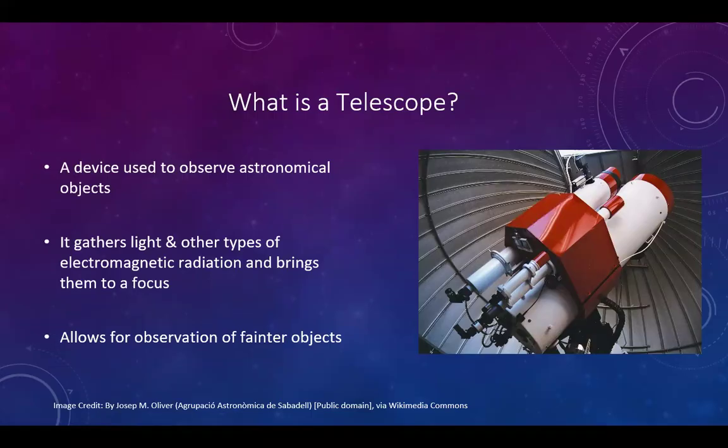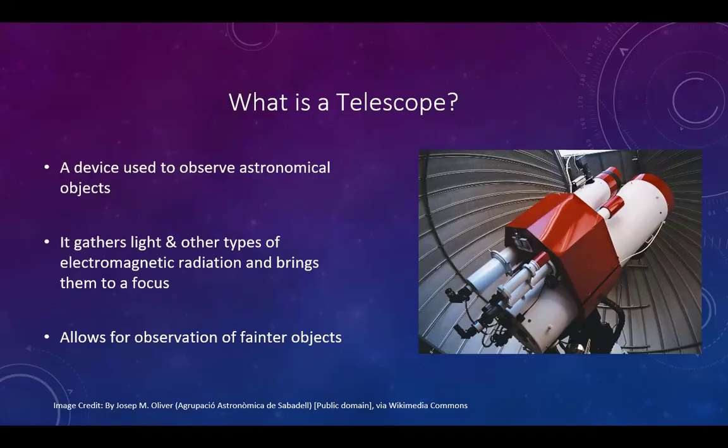So a telescope is a device used to observe astronomical objects. The primary purpose of a telescope is it takes light from a large area and concentrates it into a small area, so it generates enough light to be observed easily, or more easily. So a telescope isn't like a mirror on top of another mirror.